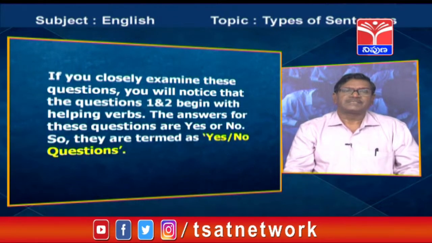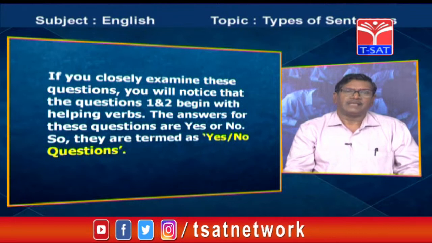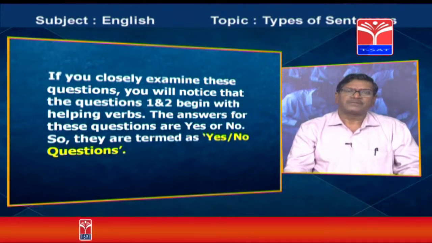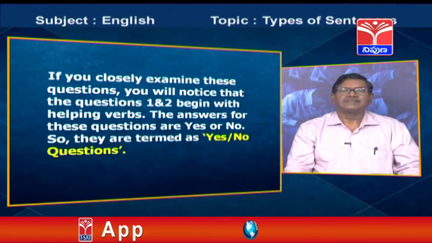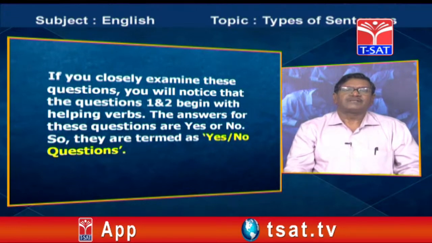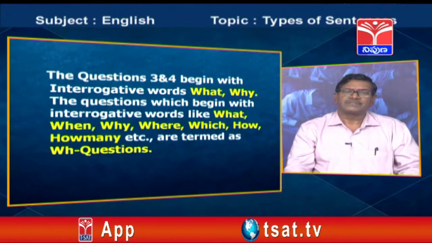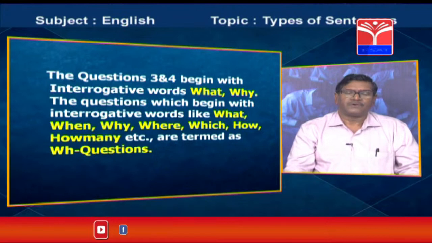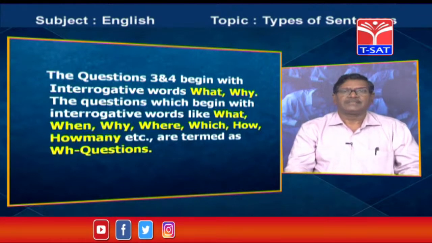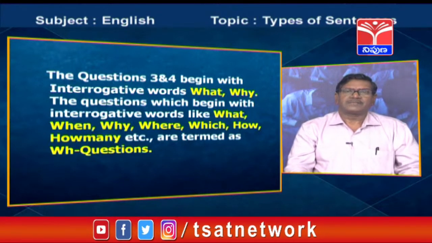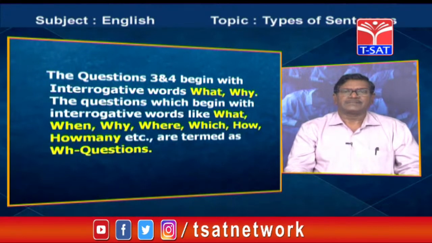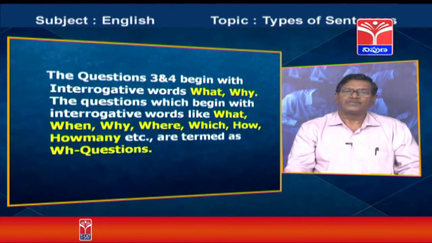These are the questions that start with helping verbs, questions that start with question words. So, the first 2 are yes-no questions, the third and fourth are wh-questions. So, interrogative sentences are of 2 subcategories. They are yes-no questions and wh-questions.